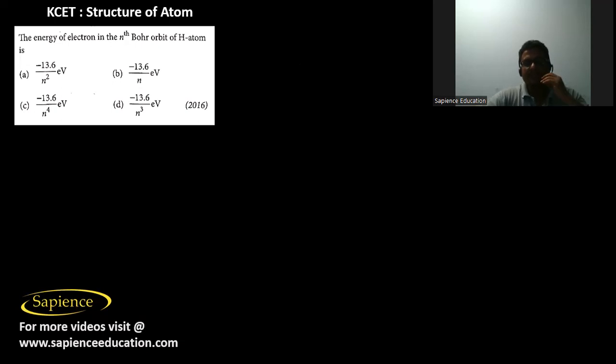As we know, the energy of the electron in the nth Bohr orbit is given as minus 13.6 z square by n square, for any hydrogen-like species having atomic number z.